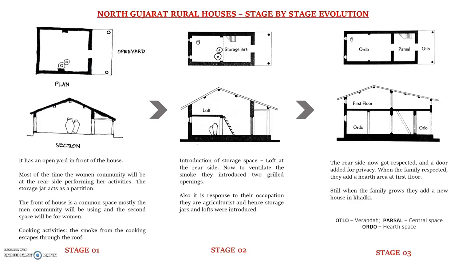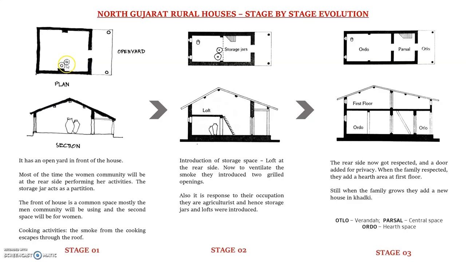This planning, again we can split into two: the rural setup and the urban setup. If we take the North Gujarat rural houses, initially it's a very small single chamber design. You will be having an open veranda space, and from the open veranda you can access the single chamber.